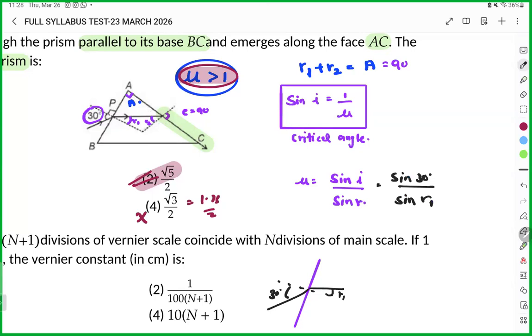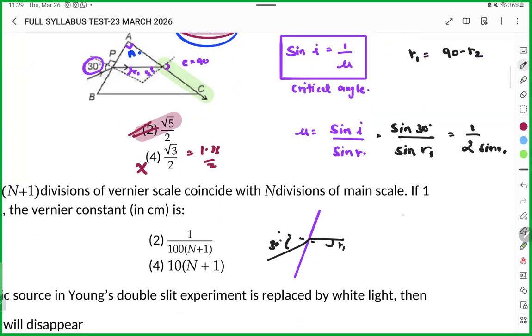What is sine 30 value? 1 by 2. So nu is equal to (1 by 2) by sine R1, correct? And what is R1 value? R1 value will be equal to 90 minus R2, correct? So nu is equal to sine of R1, which is sine 90 minus R2.